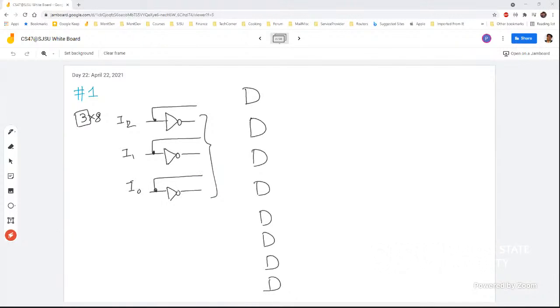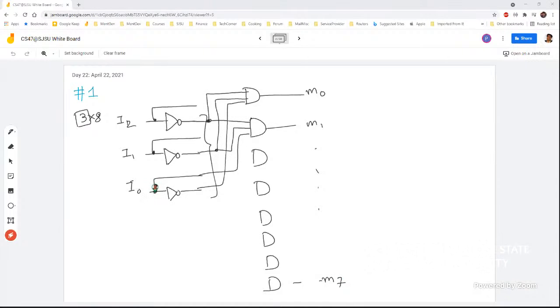We combine all three inverter outputs to make the M0 output, and then we connect this and that one and this one to make M1, and so on and so forth till we reach M7. For M7, what do we connect? We connect everything in non-inverted form.